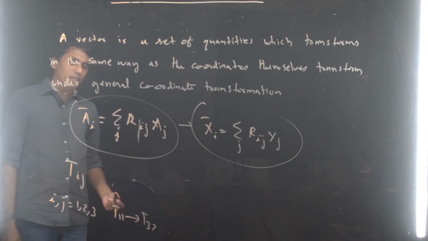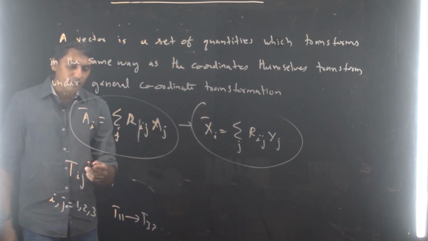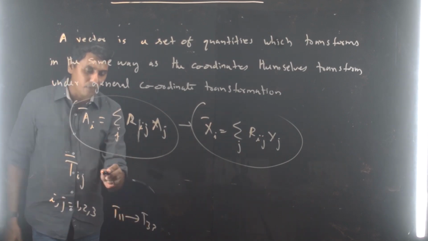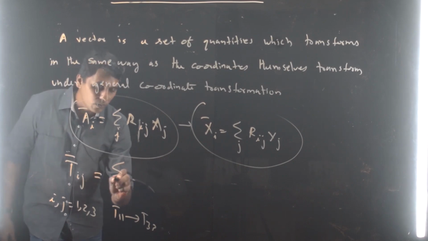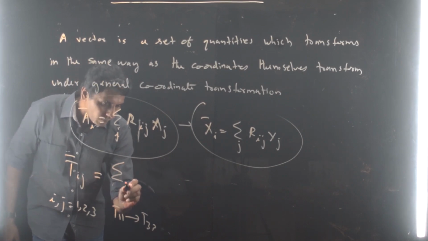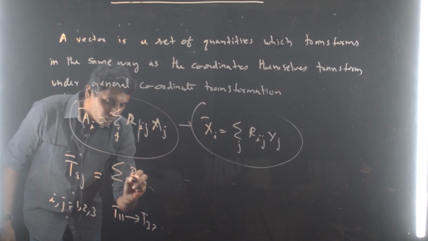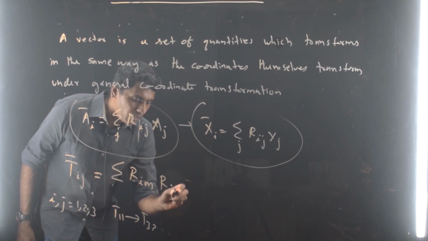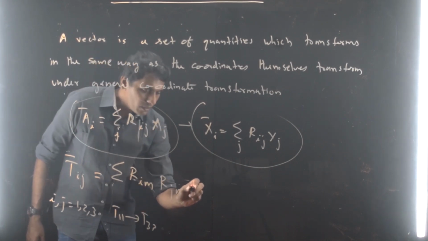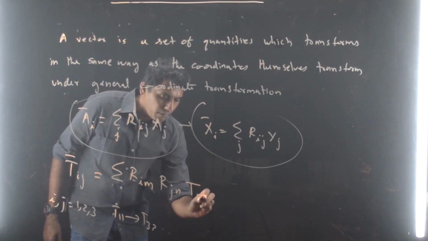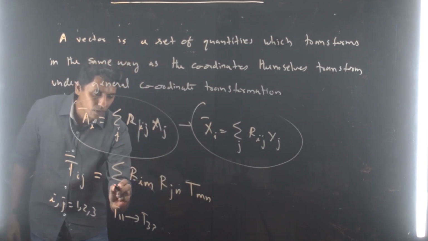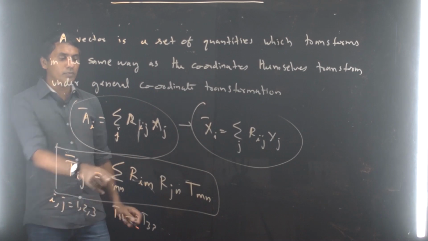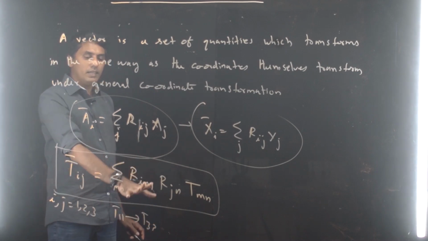So if this is a tensor, then it should transform in the following way: T bar ij must be equal to summation over m, n of R_im R_jn T_mn. If a set of quantities transform in this way, then you say that it's a second rank tensor.